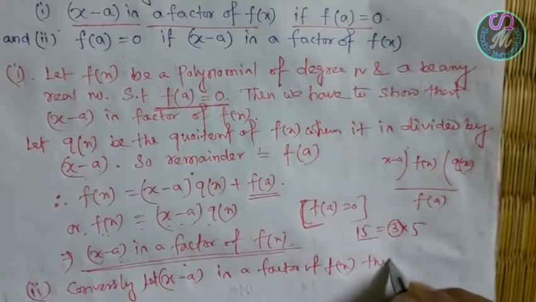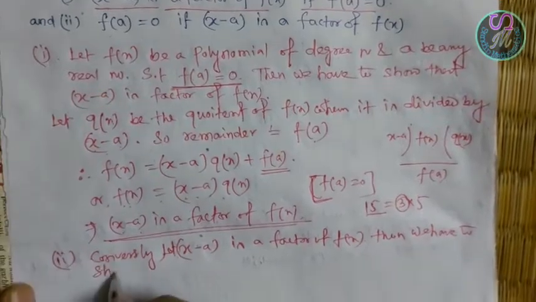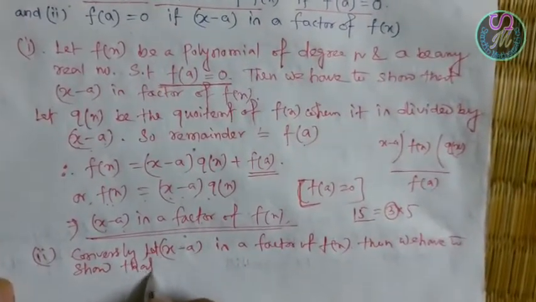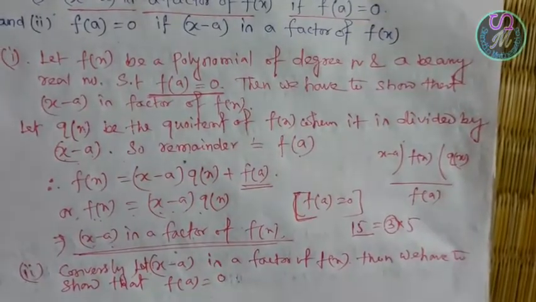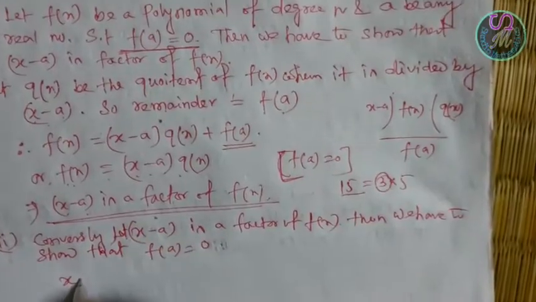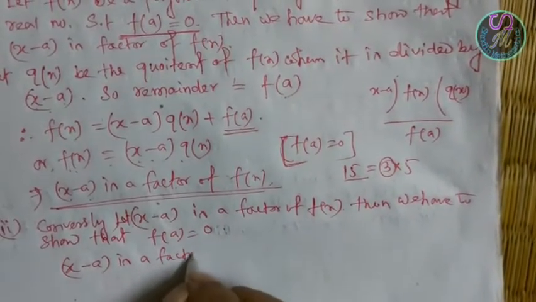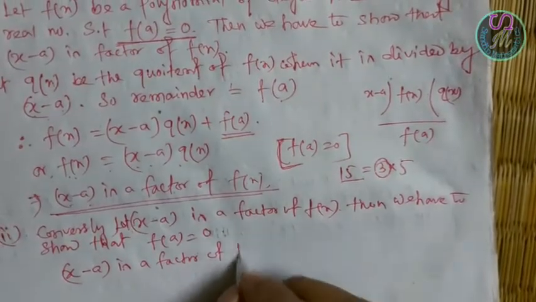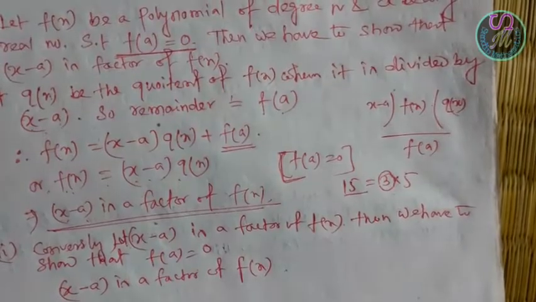Then we have to show that f(a) is equal to 0. Now x minus a is the factor of f(x).